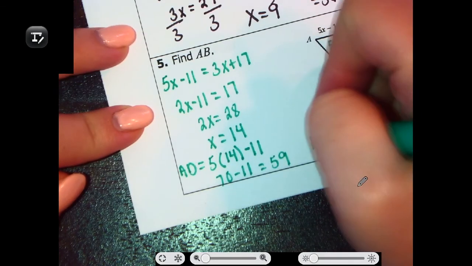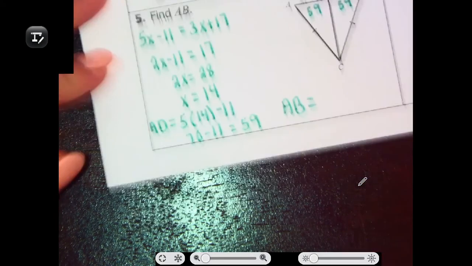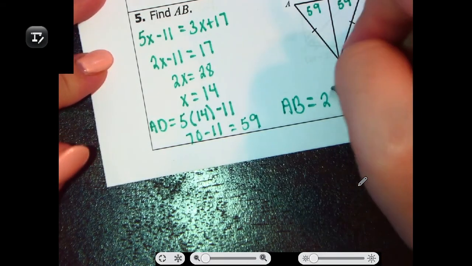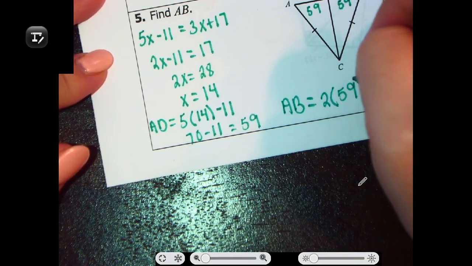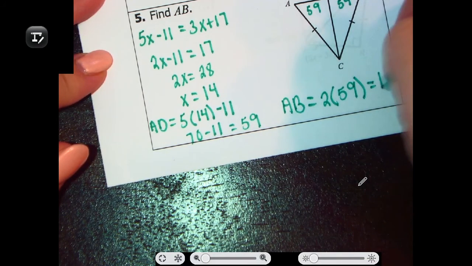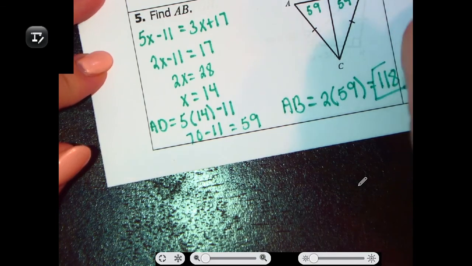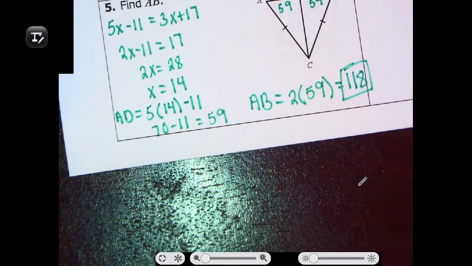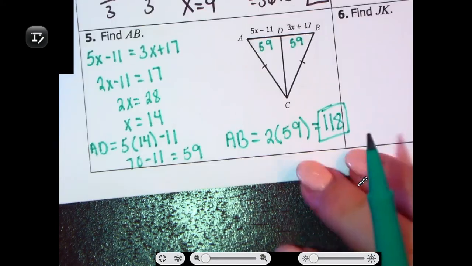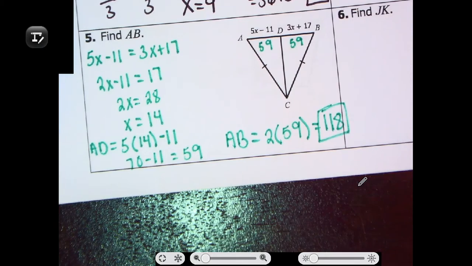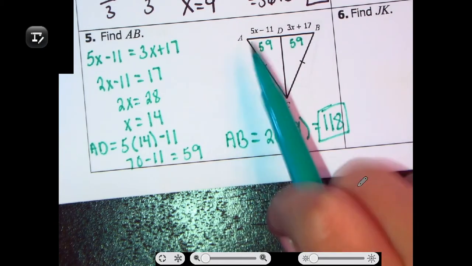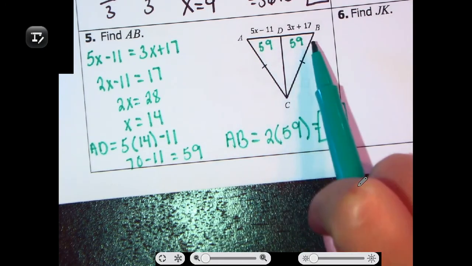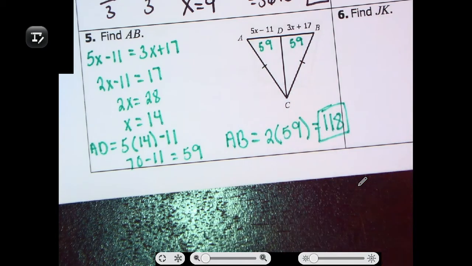So AB, I'm going to write here, would be 2 times 59, which would be 118. And that would be our final answer for number 5. So just an extra step right here. They wanted to know the entire thing. So I had to multiply it by 2 to get 118.